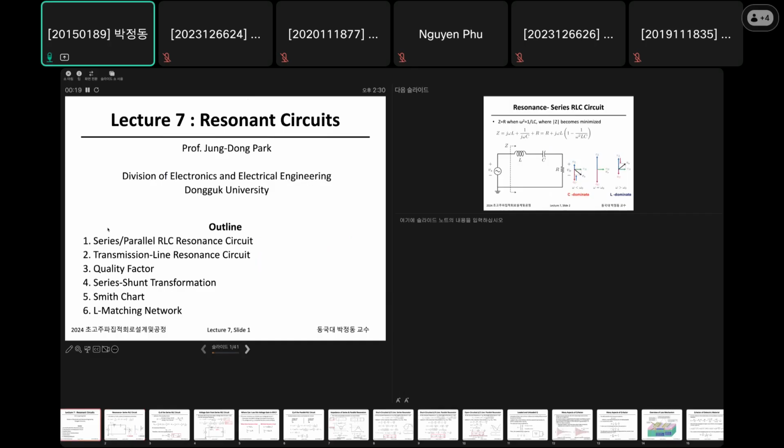Right, today we're gonna talk about resonance circuits. As you guys know, the resonance circuit is one of the most unique characteristic circuits in RF applications.